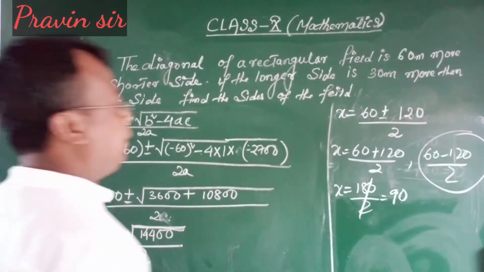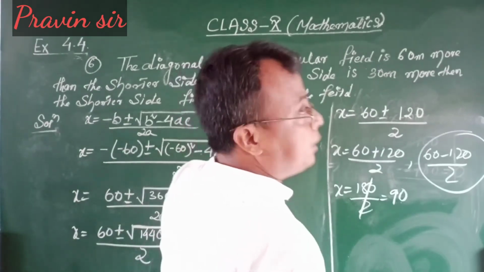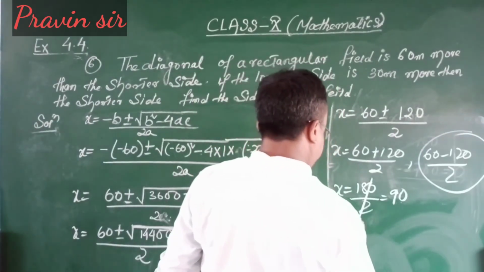In the question we supposed the shortest side is x.